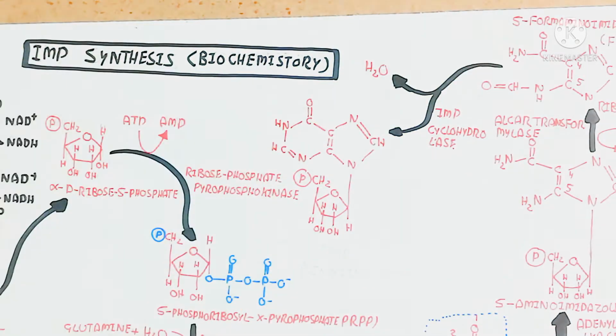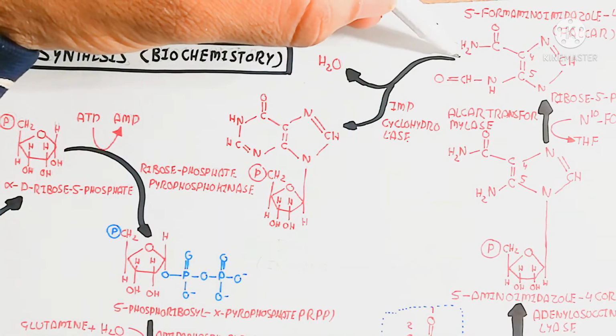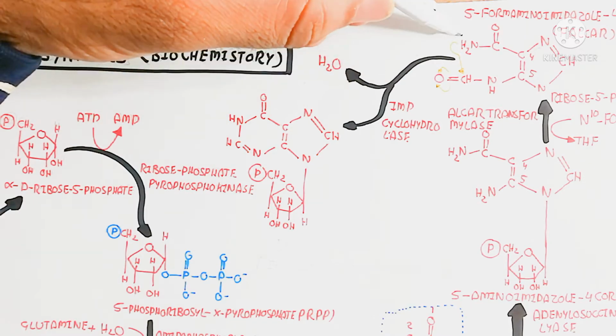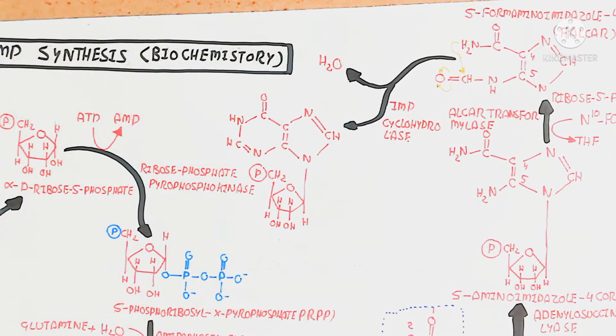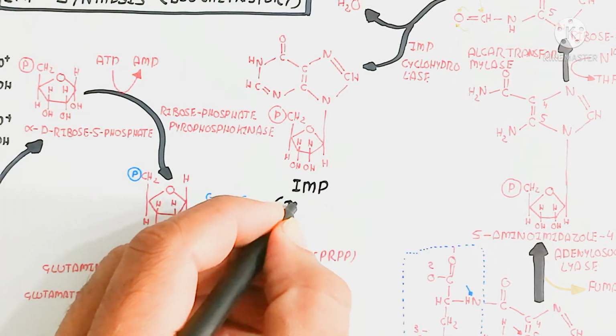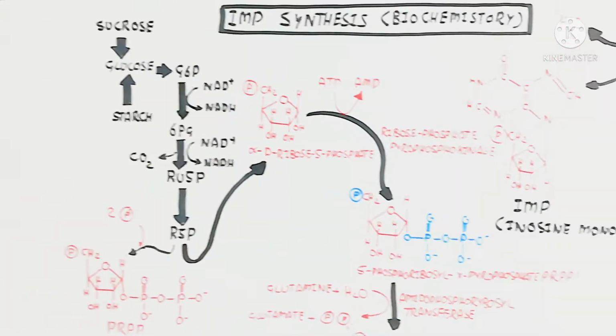Here you can see the IMP cyclohydrolase enzyme releases the water, and the ring formation will occur. This ring formation is the complete IMP, after the separation of the water. So this is the IMP, known as inosine monophosphate.